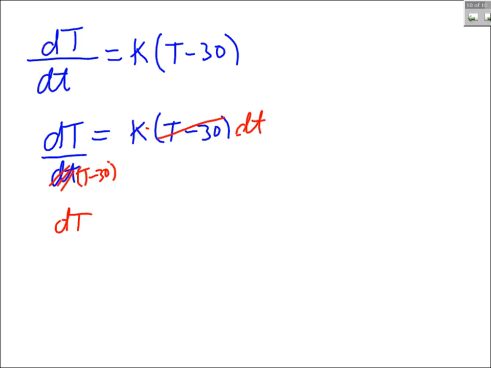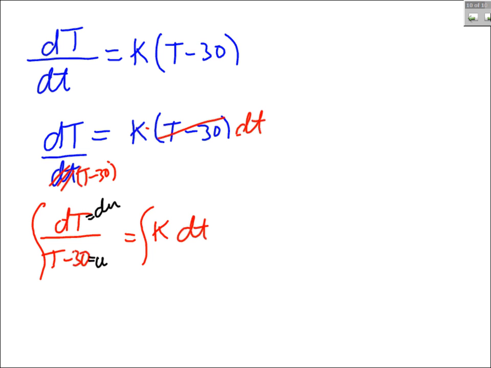So I have dT over T minus 30 is k times dt. And integrate both sides. If I call this T minus 30 u, then du will just be dT. That is, I have the integral of du over u, which is ln of u. u is T minus 30 equals integral of a constant times d little t is kt plus a constant.